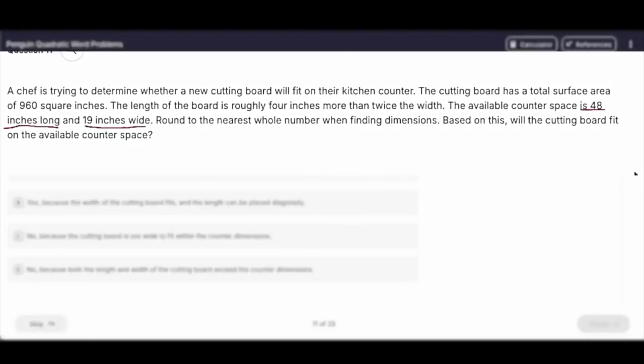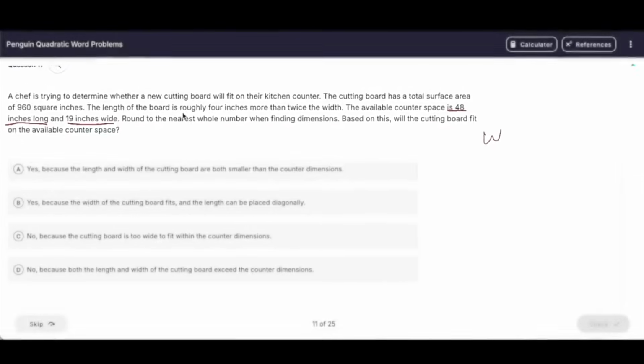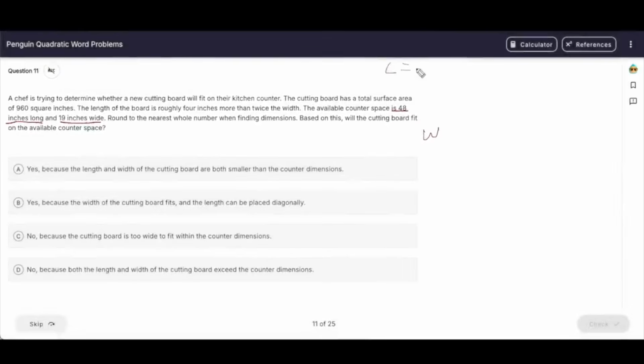If the width is W, then the length would be 2W plus 4, because that's twice the width and 4 inches more, right? And if the area is 960, since length times width is area, we would have this times width, which would be equal to 960. And now you can see we've got a quadratic.